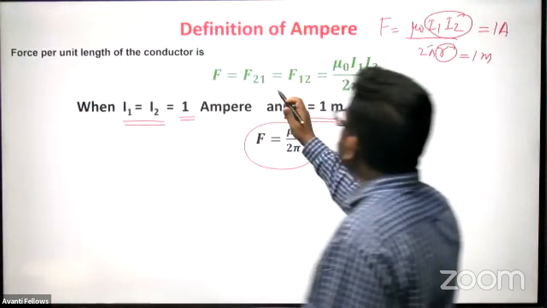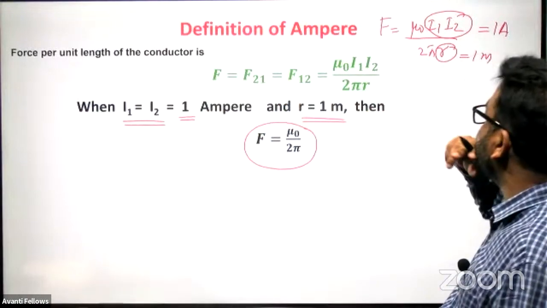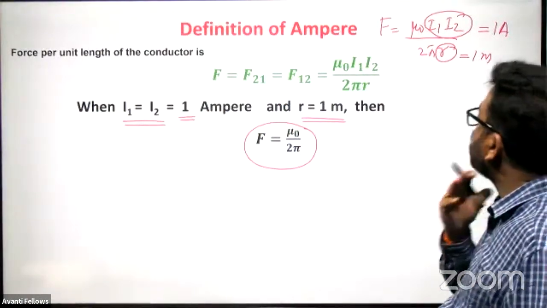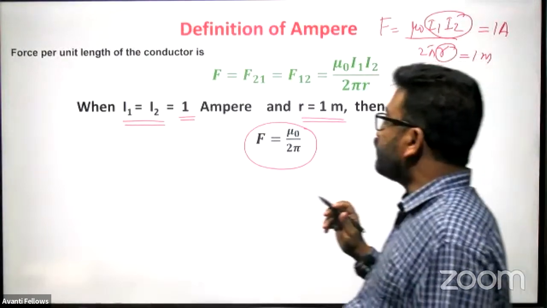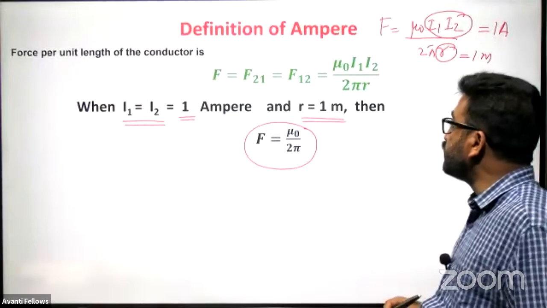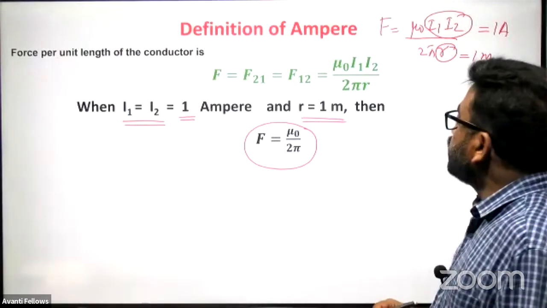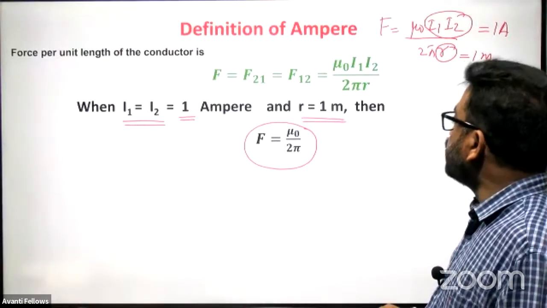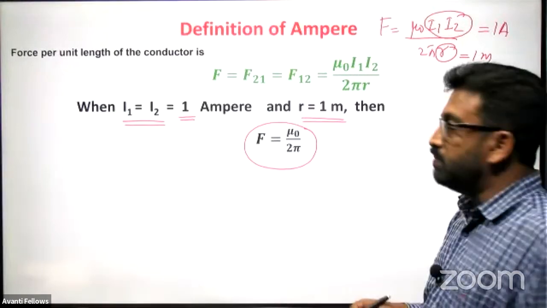So the general equation for force, F21 equals F12 equals mu 0 I1 I2 by 2 pi R. And if I1 equals I2 equals 1 ampere and R, the distance of separation between the two, equals 1 meter, then F will be equal to mu 0 divided by 2 pi.